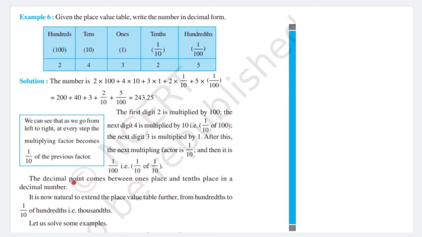Where will you write the decimal point? It is coming after the ones position. After the ones position only we are writing the decimal point. Here the fractions come. It is now natural to extend the place value further from hundreds to thousands also. Okay. Let us solve some more examples.